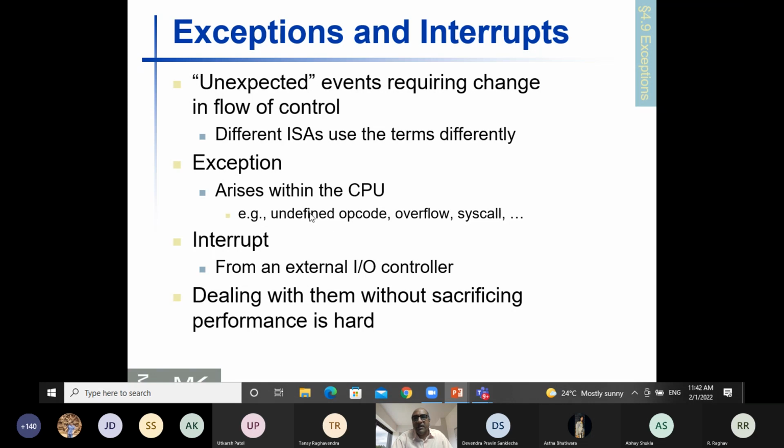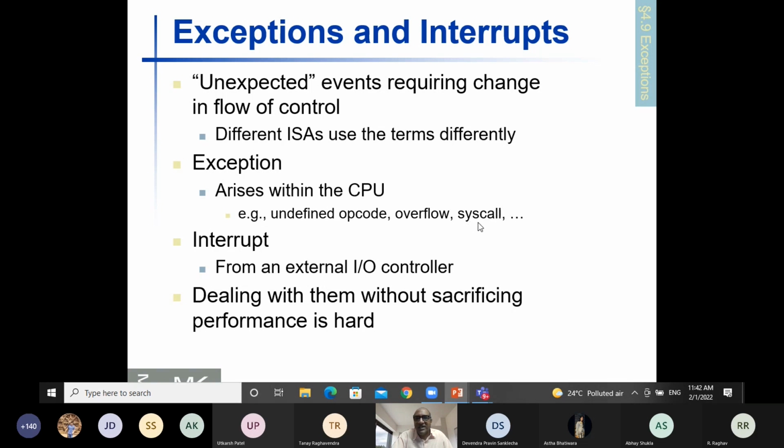Likewise, when you are accessing memory, a particular instruction may not be available in the cache or memory. Then at that time you have to fetch it from the disk, and the operating system will take care of those things.